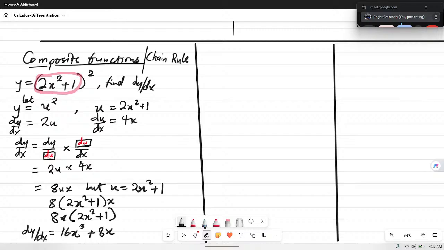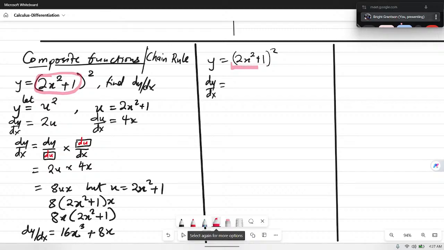Yeah. Very good. Another approach you can also use is that if y is the same as 2x squared plus 1 squared, dy/dx will be, now see everything here as a, right?